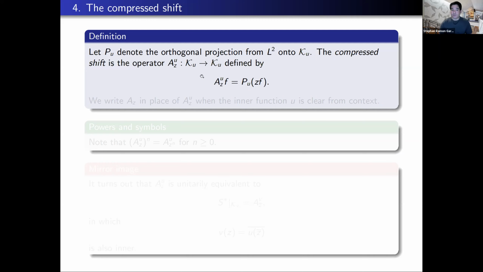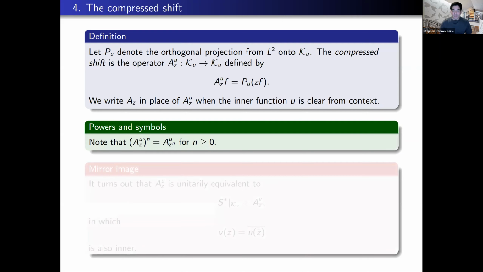That gives me the compressed shift operator A_z, and the superscript u just tells you what model space you're on. We're usually going to write A_z because we know what the inner function u is from context. The important thing is that this works out pretty nicely. There's a nice polynomial functional calculus here, and you can go beyond that.